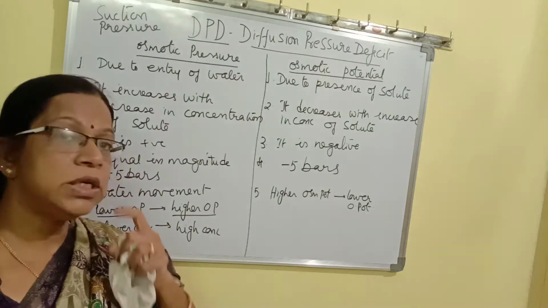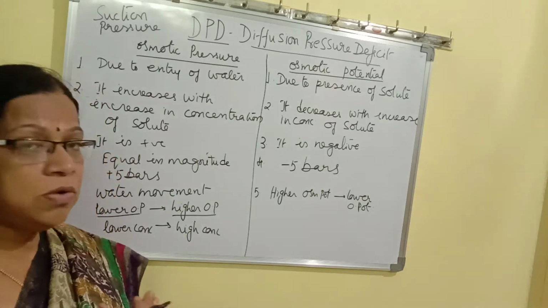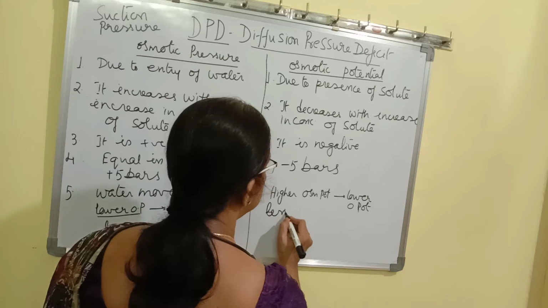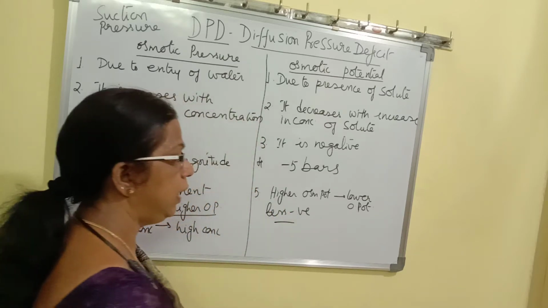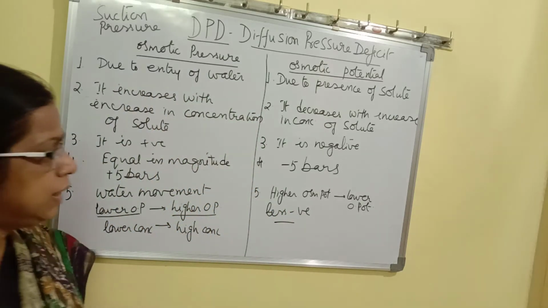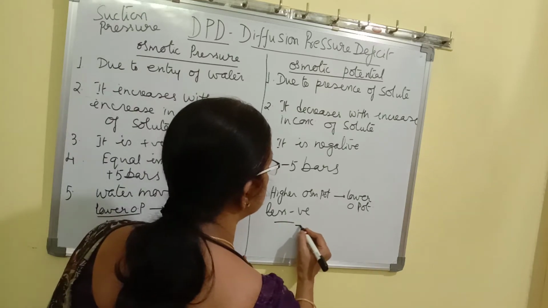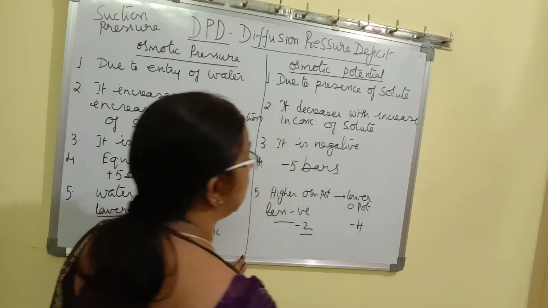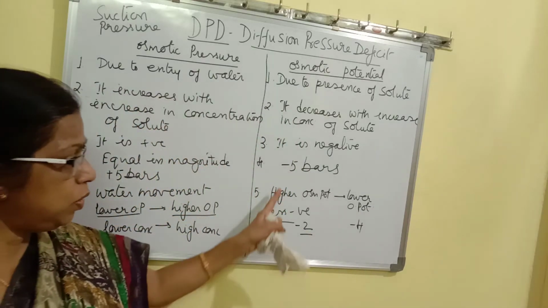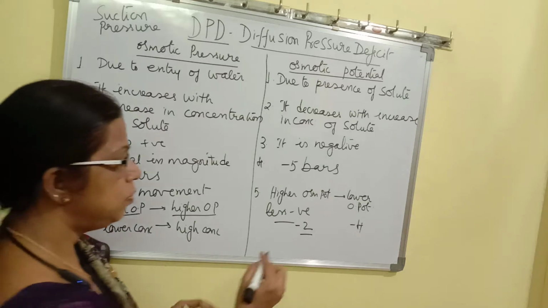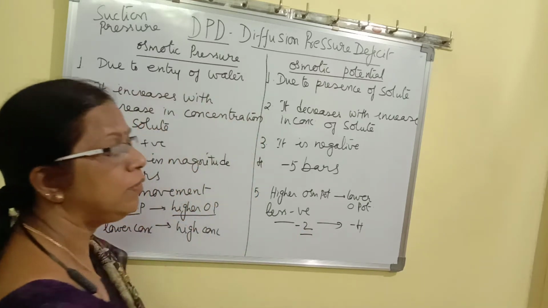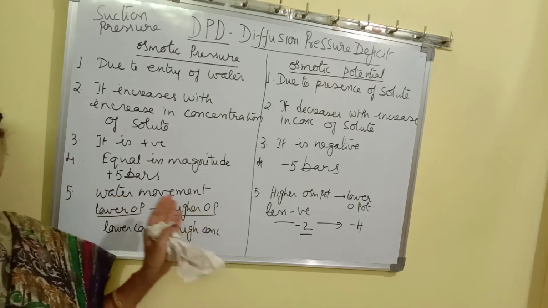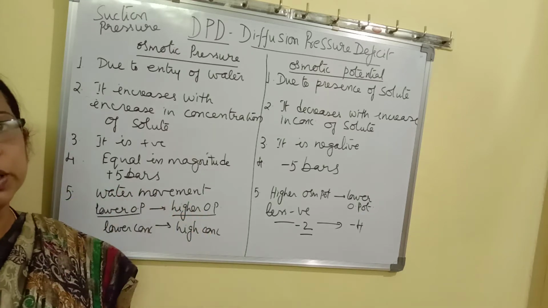When its concentration is low. Higher osmotic potential means less negative. Suppose one side is -2 and the other side is -4. Then -2 is the higher osmotic potential, and water will move towards -4, which is the lower osmotic potential. These are the differences between osmotic pressure and osmotic potential.